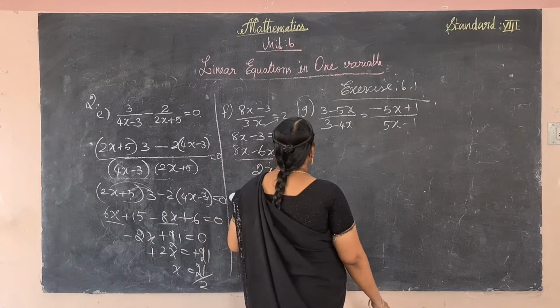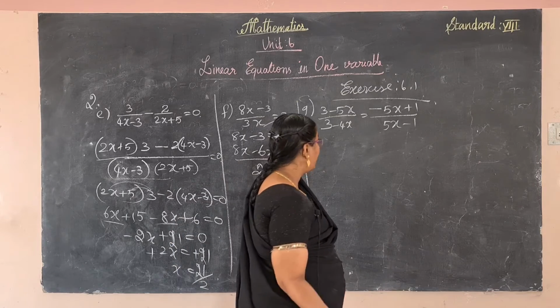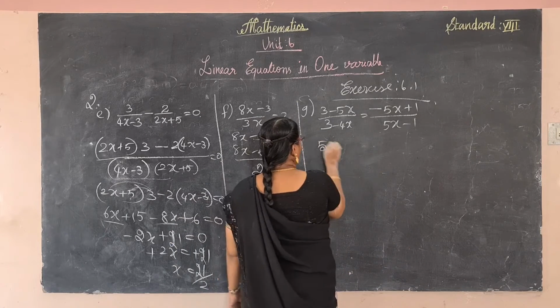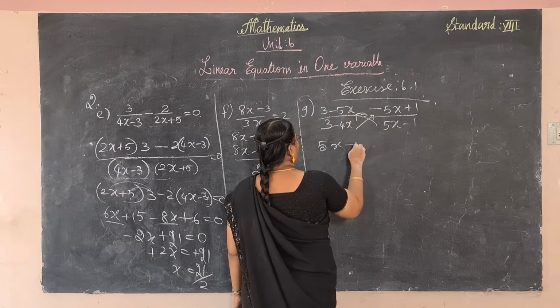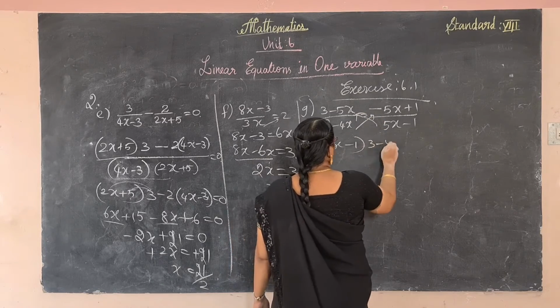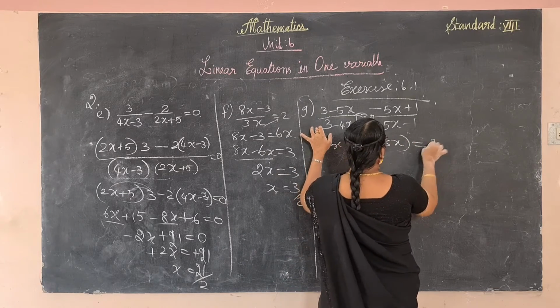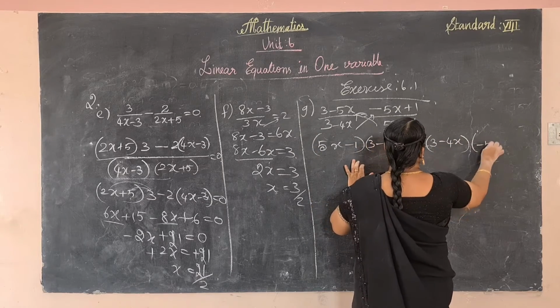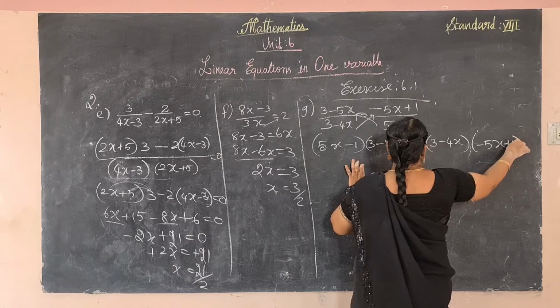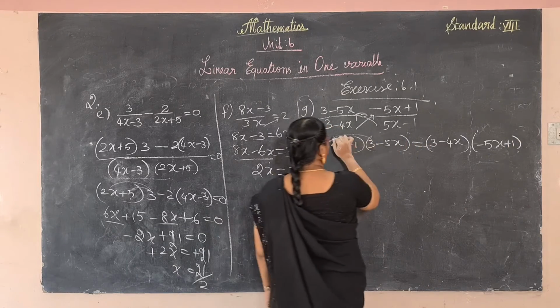And the next problem. Here also we have cross multiplication. Okay, so 5x minus 1 into 3 minus 5x is equal to 3 minus 4x into minus 5x plus 1. Each term multiply.